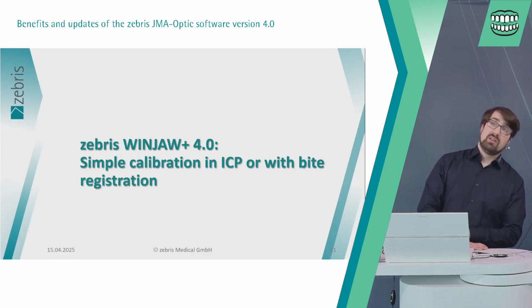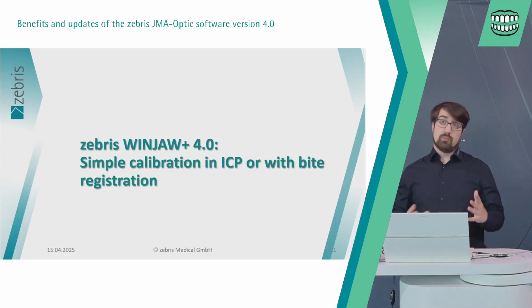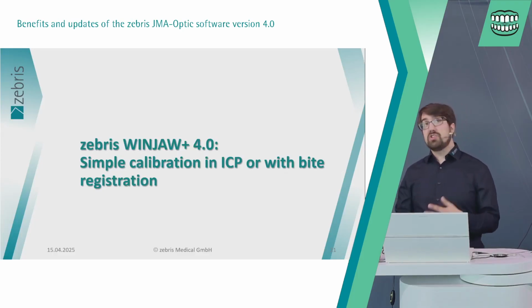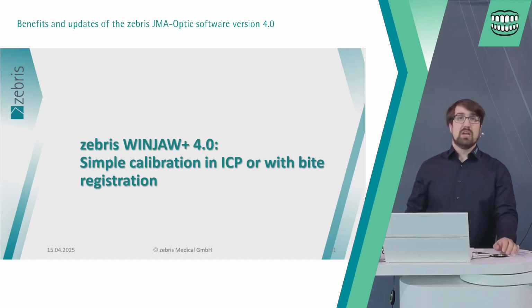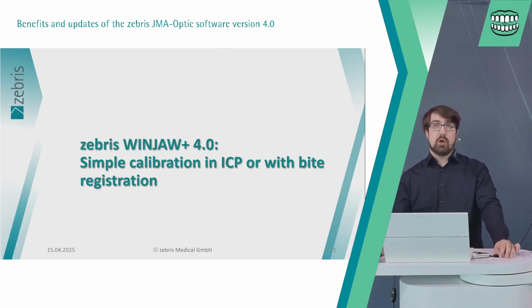Perfect. So these are the new features you can use for the measurement, and now I want to introduce you to our new measurement principle we will introduce with version 4.0.